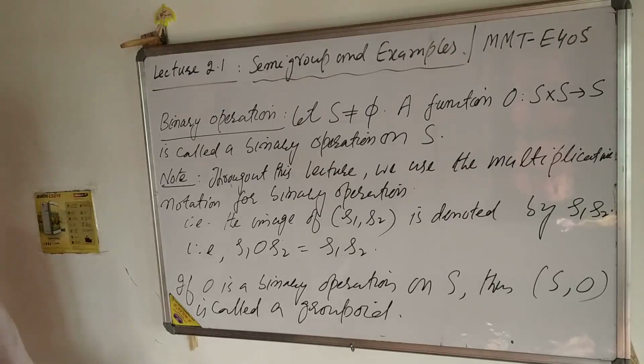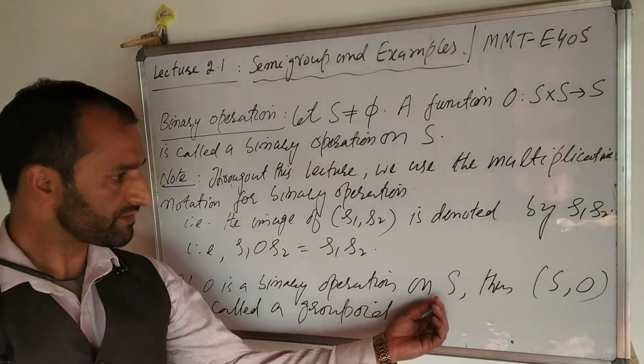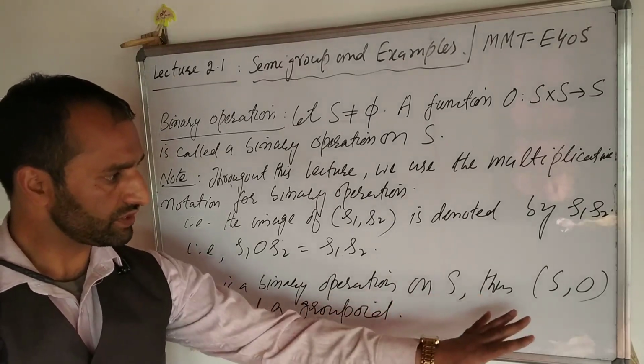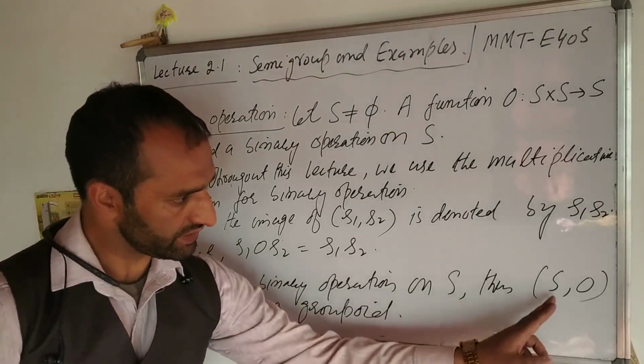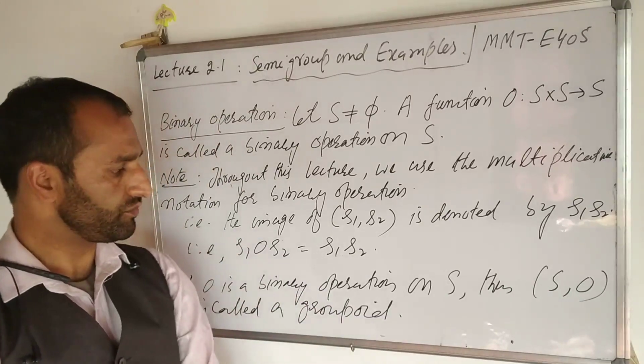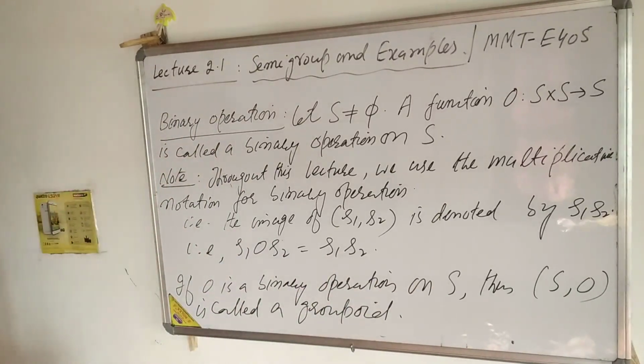So groupoid means: if we have a non-empty set and a binary operation o on it, then this ordered pair, S together with the binary operation o, is called a groupoid.